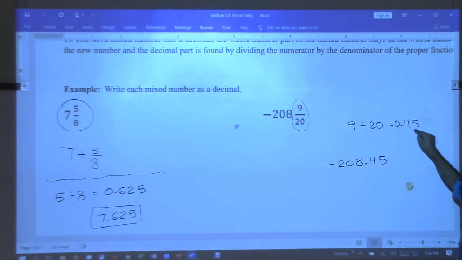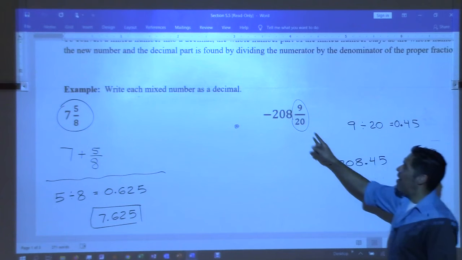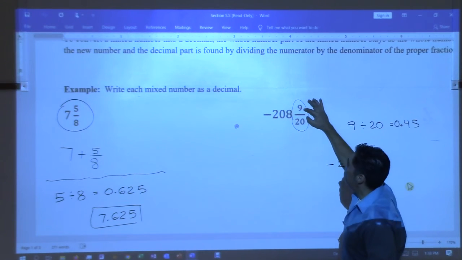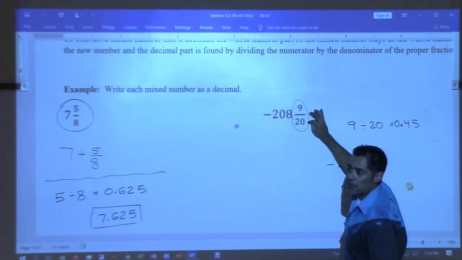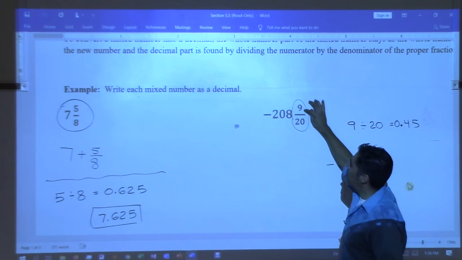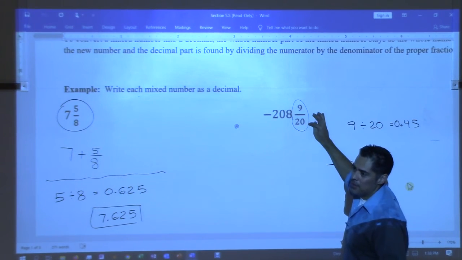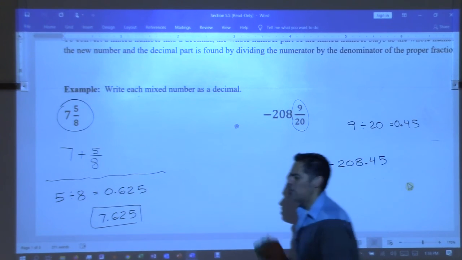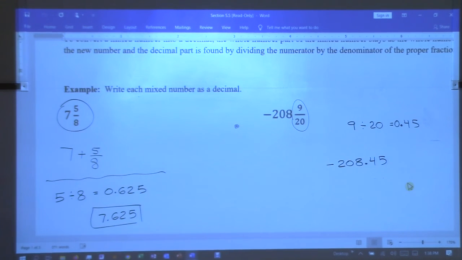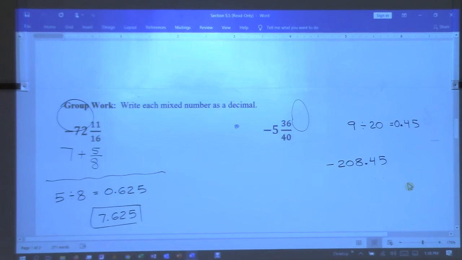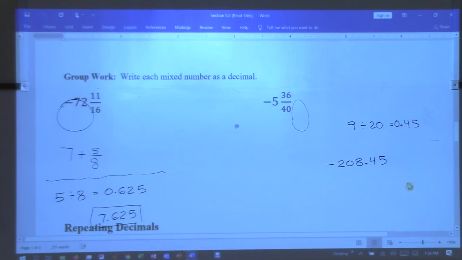If this was 1.45, we would add 208 to that. But when you write a mixed number, you never have the number on top bigger than the bottom one, which would make it bigger than 1. So you don't need to worry about that. Okay, I think y'all can handle those.